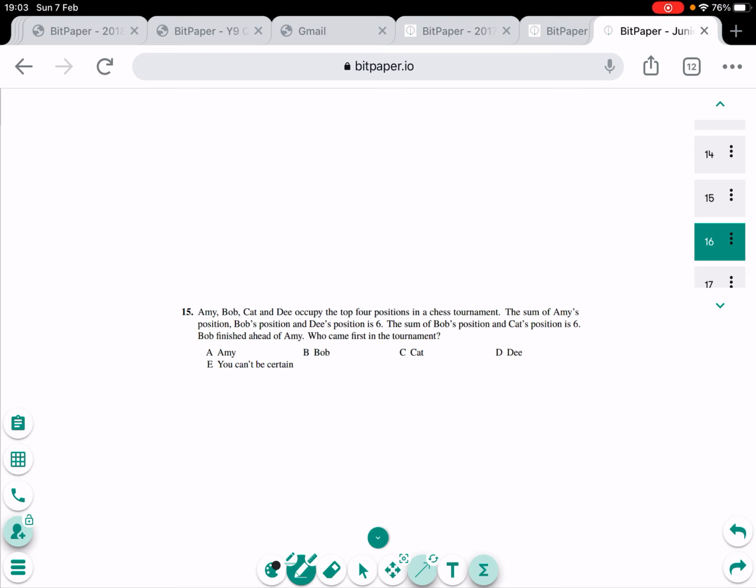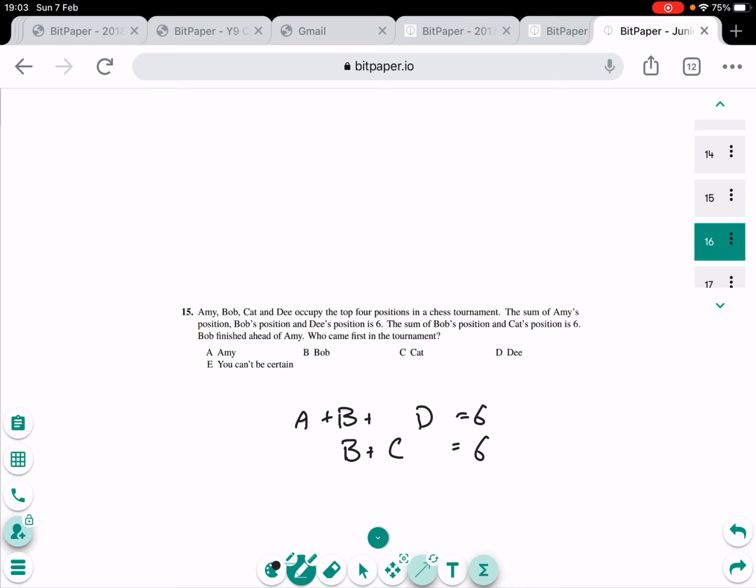For question 15, it says Amy, Bob, Cat and Dee occupy the first four positions, and the sum of Amy's position, Bob's position and Dee's is 6. This might actually seem tricky. So for example, let's say A plus B plus D equals 6, and B plus C equals 6.